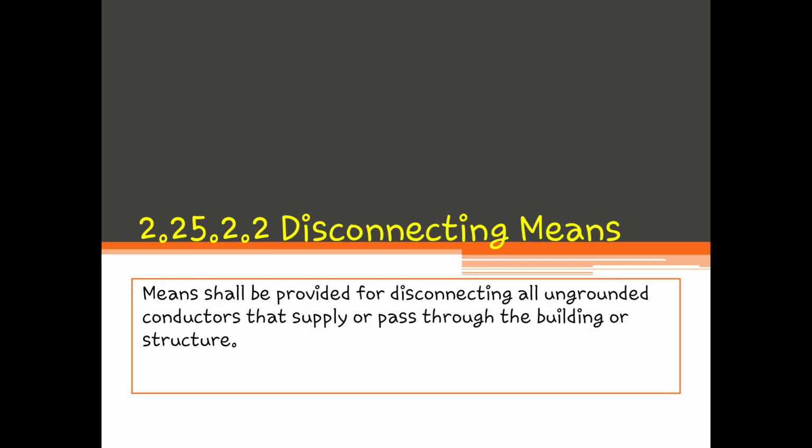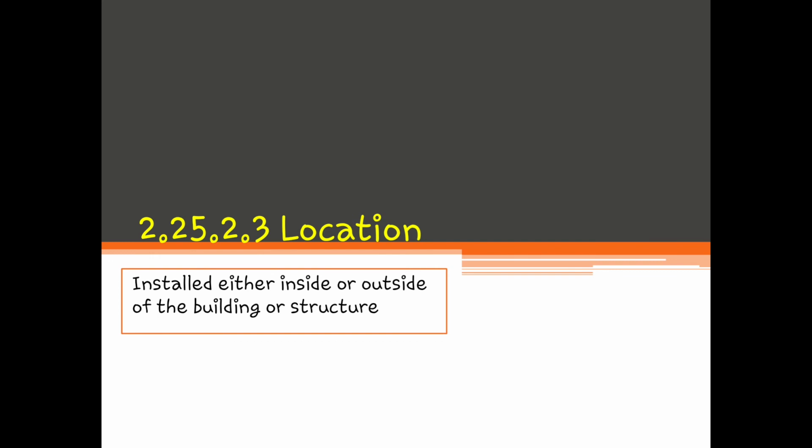Next is disconnecting means. So diri na disconnecting means. Disconnecting means shall be provided for disconnecting all ungrounded conductors that supply or pass through the building or structure. So location.